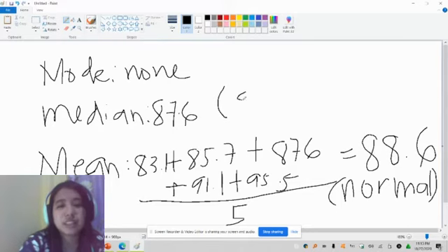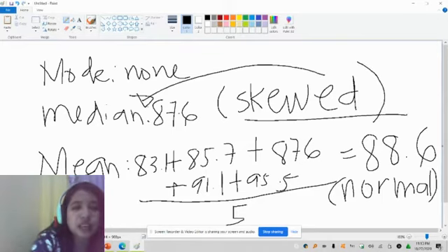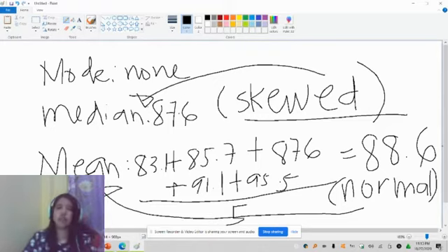But if it is not normally distributed because it is skewed, then the appropriate is median.